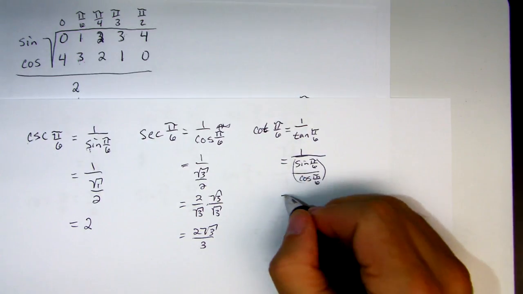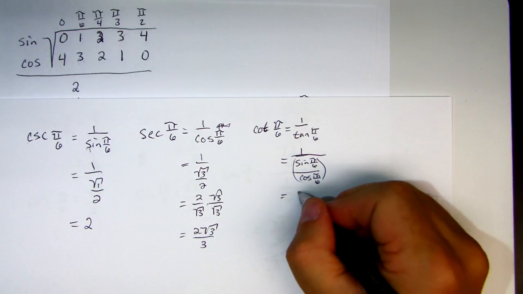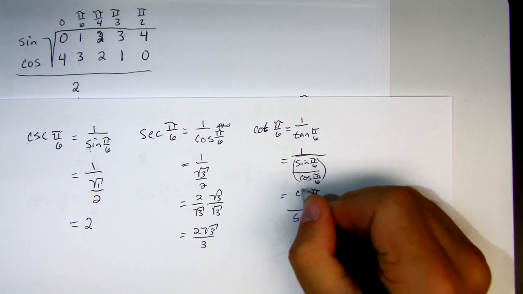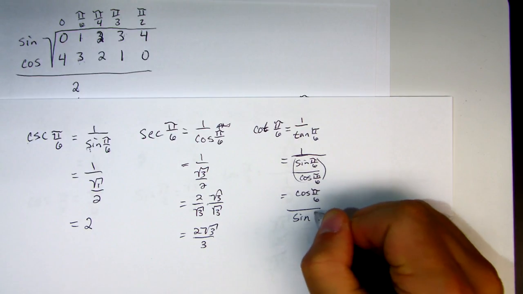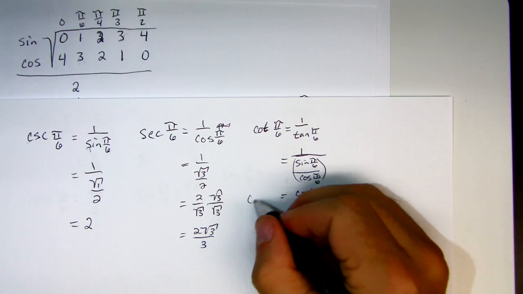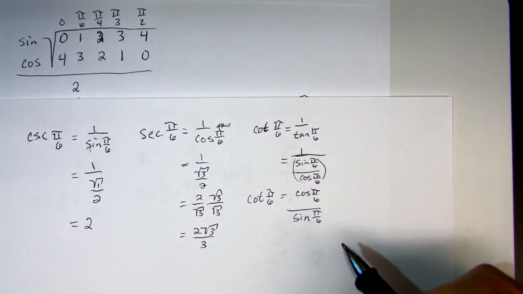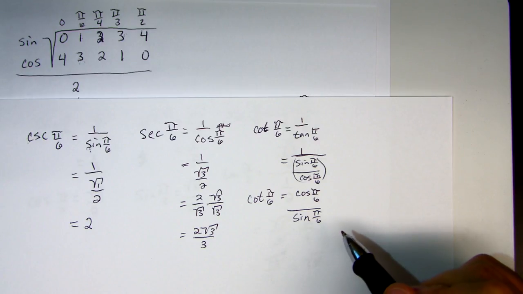This is in the denominator. And then I invert and multiply this, I get cosine of pi over 6 divided by sine of pi over 6. So cotangent of pi over 6 is equal to cosine of pi over 6 over sine of pi over 6. Okay?